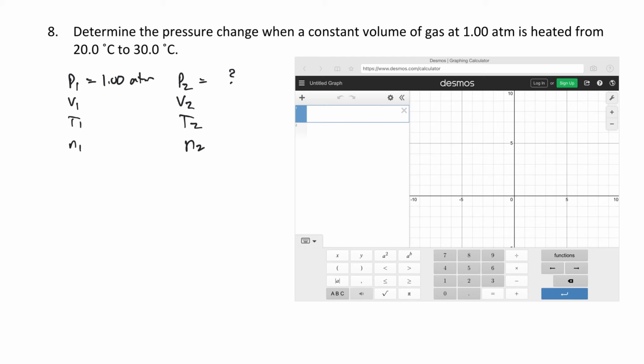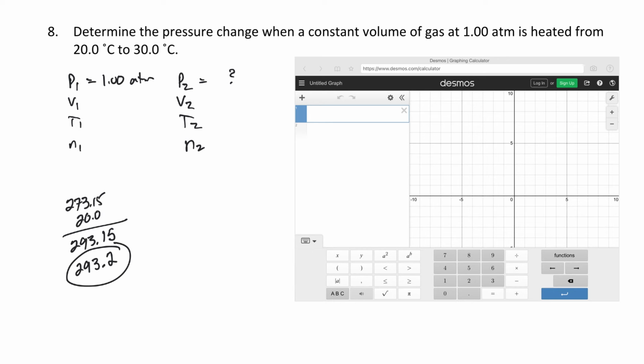I guess they want the change in pressure, but we'll give them the final pressure, and then if we want, we can subtract it. But you're heating it from 20 to 30, so 273.15 plus 20.0. Okay, 1 decimal place, so this would be 293.15, but for 1 decimal place, I could call it 293.2.